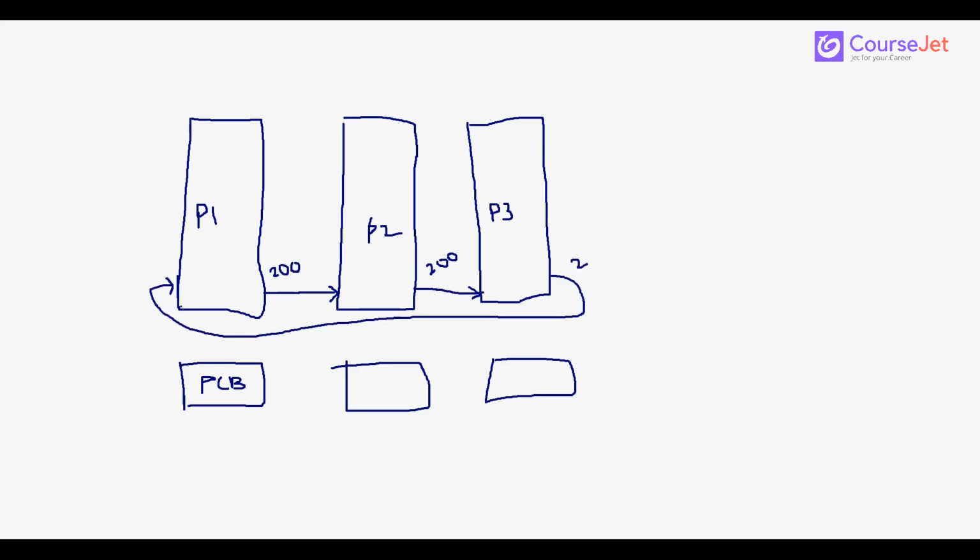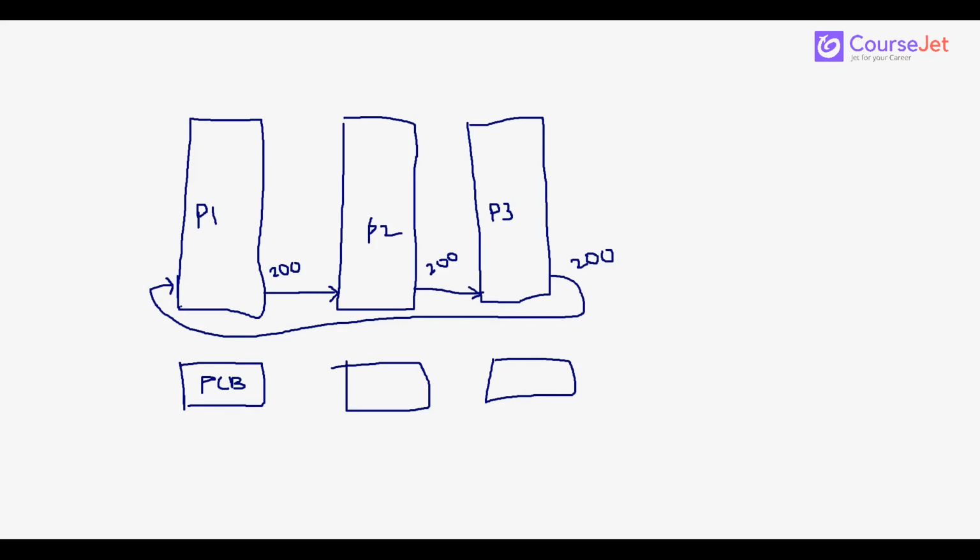So irrespective of whether your process is finished in that 200 milliseconds or not, the CPU will change from one process to another. If your process is not finished and the CPU has switched from P1 to P2, you may call it preemption.